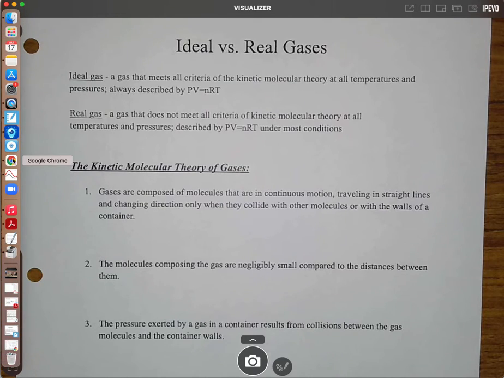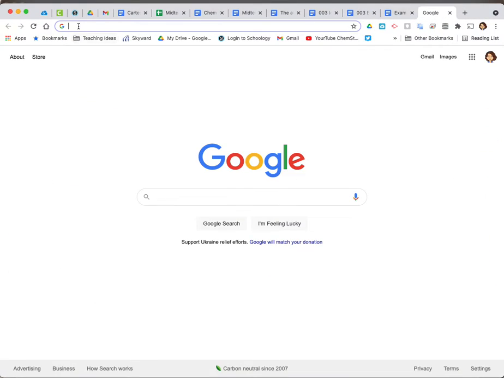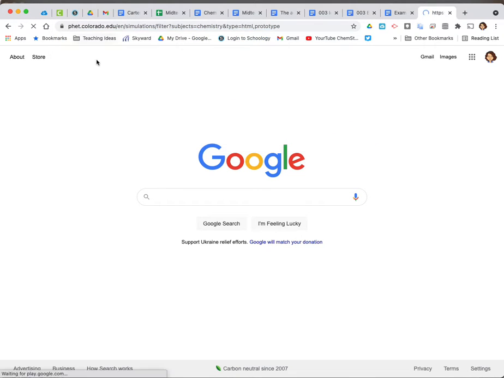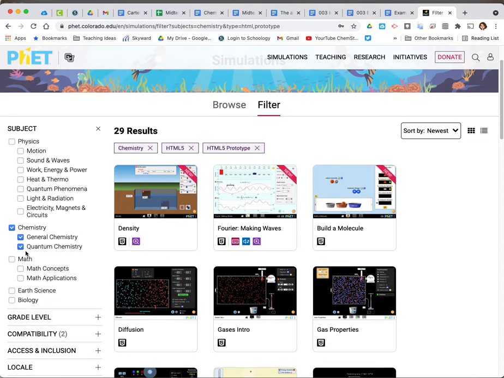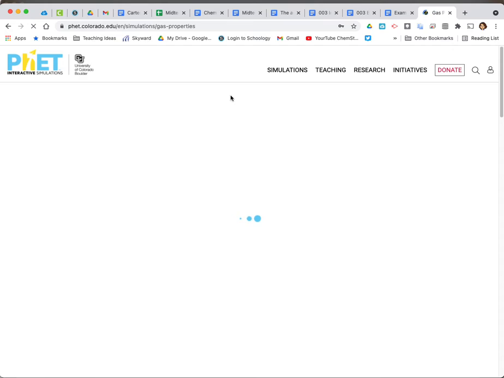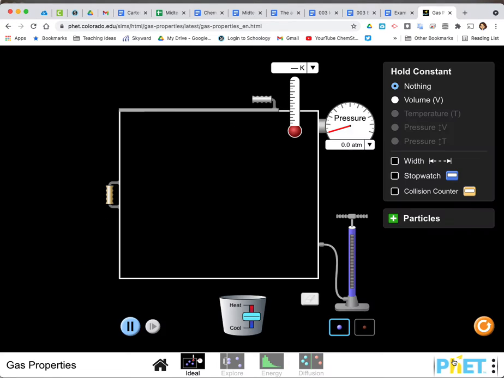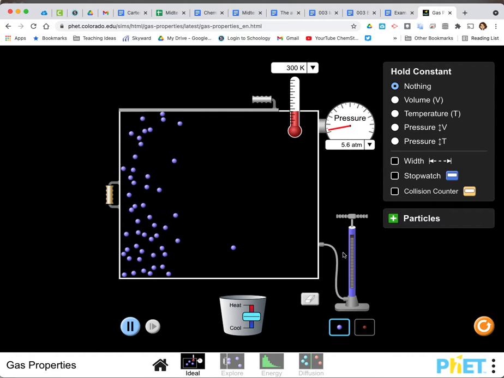So let's get our little simulation back. Okay, so here's our simulation with our gases inside, and we can start looking at our kinetic molecular theory.